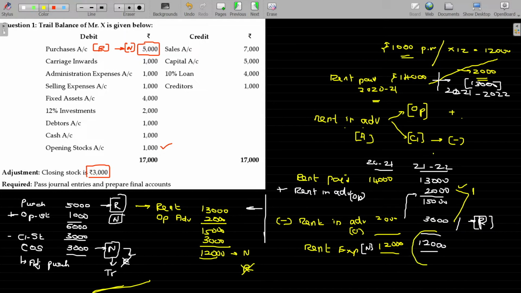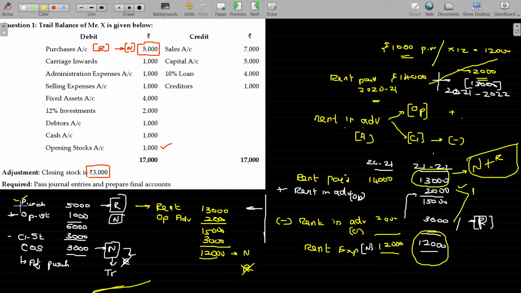To the extent the payment we enjoyed, expired, will be the expense, nominal account. To the extent of payment unexpired, it cannot be said to be purely a nominal account because it consists of some nominal account and some real account component also. It's a blend of those two. So that's why it is sometimes named as a nominal account, sometimes as either a real account or a personal account. That's your choice. In the same way, purchases in the absolute sense will be either real or nominal.